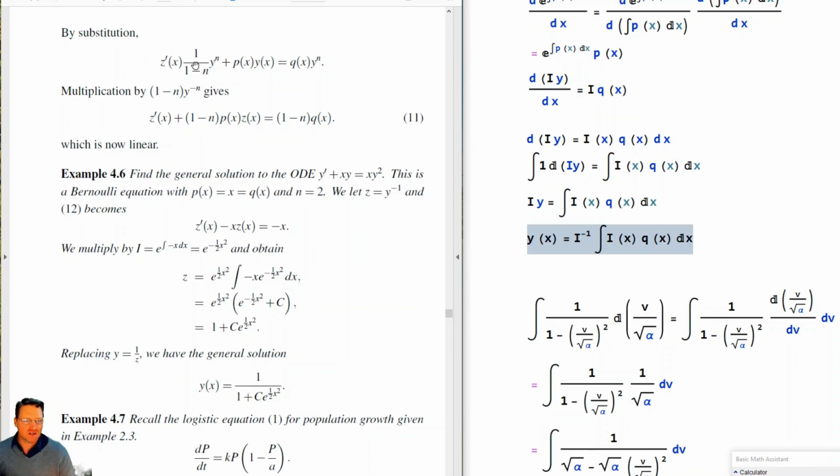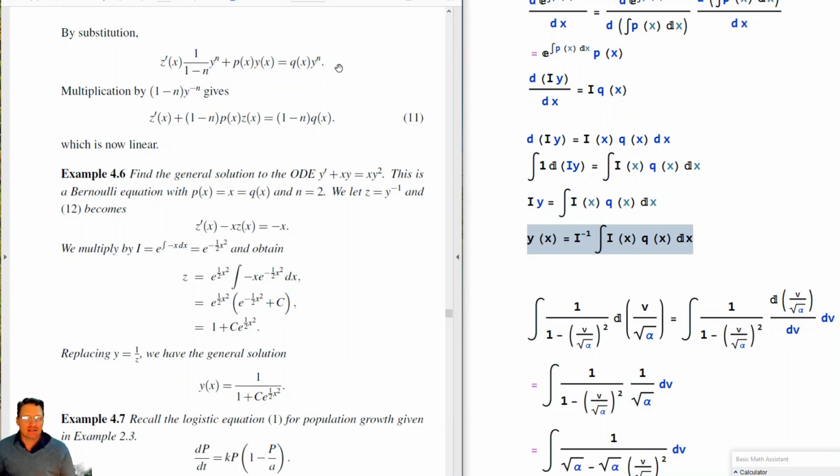We have z dash times 1 over 1 minus n times y to the positive n plus p of x times y of x is equal to q of x times y to the power of n. Okay, so multiplication by 1 minus n times y to the power minus n gives us an equation that's linear. So we have z dash plus 1 minus n times p of x times z of x is equal to 1 minus n times q of x.